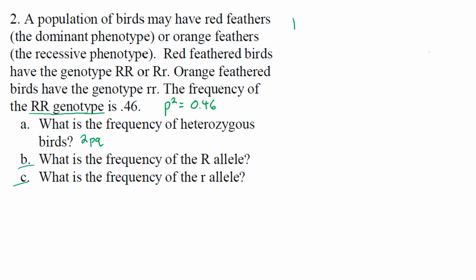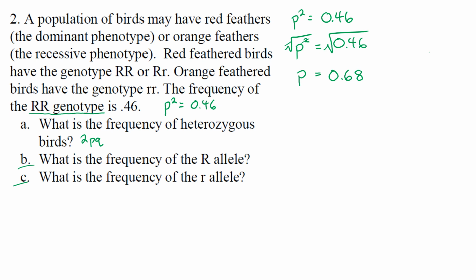So I have p squared equals 0.46. In order to solve for my p, I simply take the square root, okay, of that number. So let's do that. Square rooting both sides. And once I do that, this cancels out, and I get 0.68.